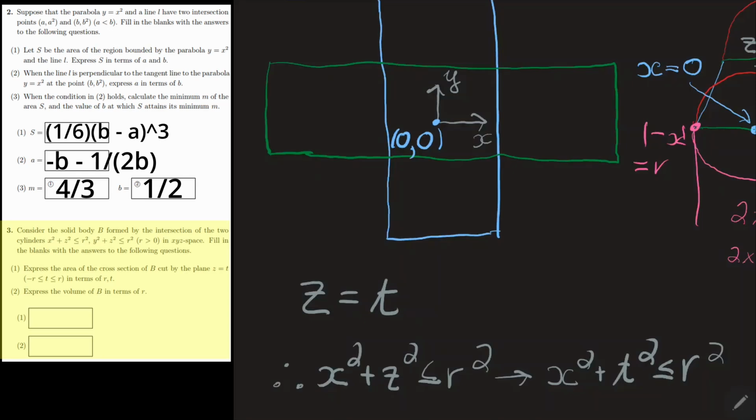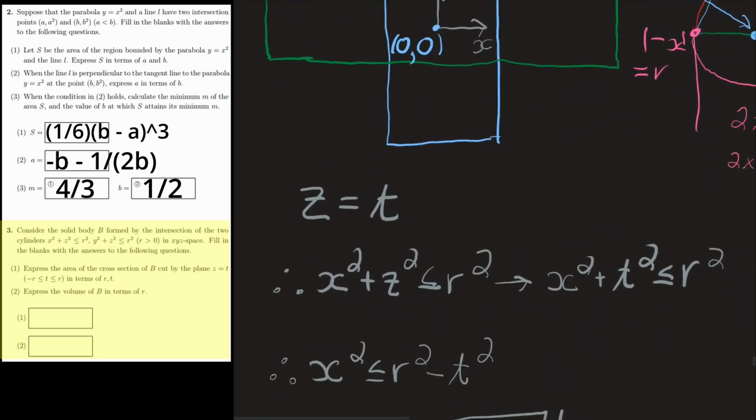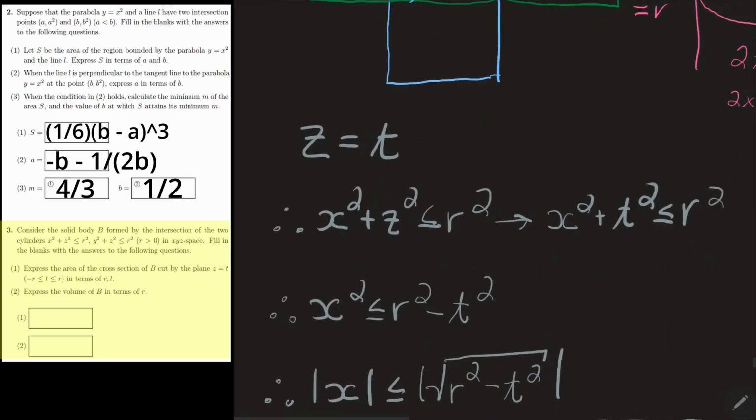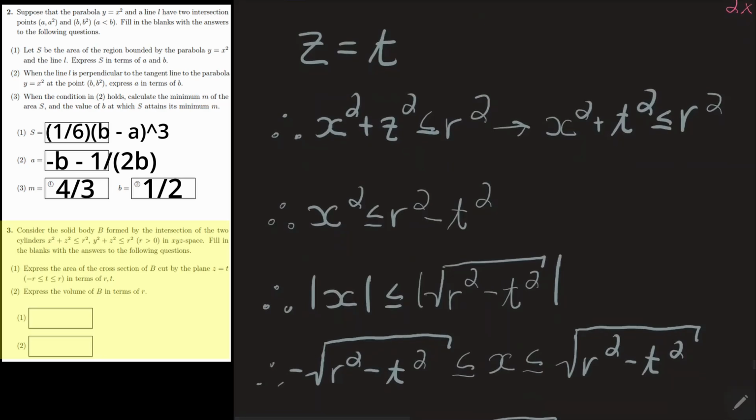And so rearranged, we get that x squared is less than or equal to r squared minus t squared. And if we square root both sides, we get that the absolute value of x is less than or equal to the square root of r squared minus t squared. Or put another way, the value of x is between the negative of this square root and the positive of this square root.